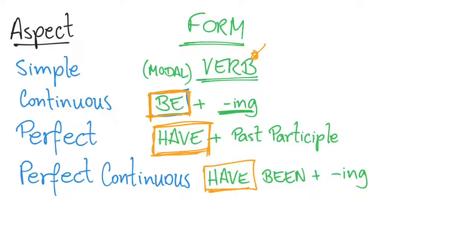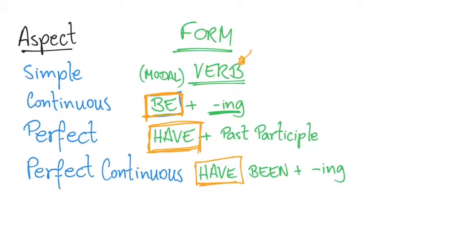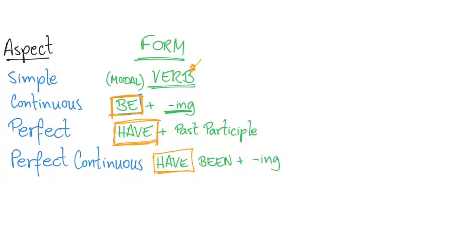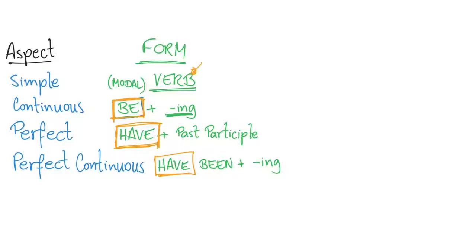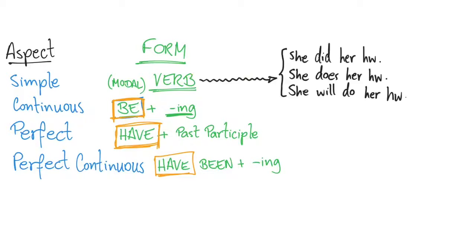So let's have a look at some examples of sentences which are using all of this combination here. And in order to check that, let's reposition our board, right? So it's easier for us to actually write here. Okay, let's go. We're going to start with the simple forms, and I have here 3 different sentences to illustrate the different uses of the simple form, right?